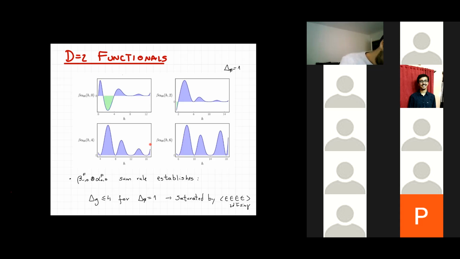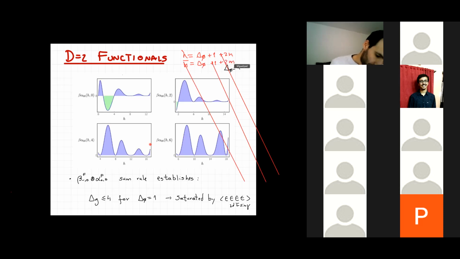You have to take h to be equal to, let me check I don't make a mistake, I think it's delta phi, and maybe plus 1 plus 2n for the fermion case, and h bar is delta phi plus 1 plus 2m.